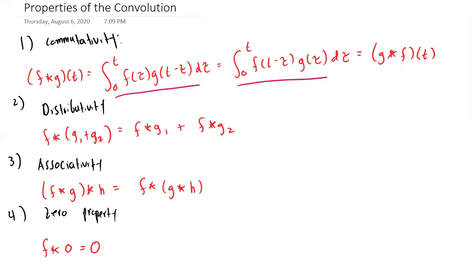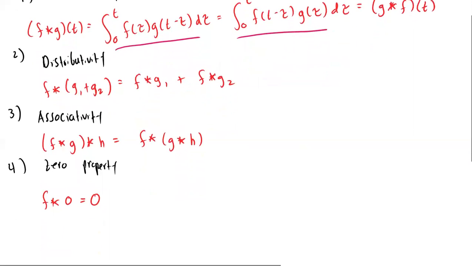It's also distributive with addition, meaning that f star (g1 plus g2) is the same as f star g1 plus f star g2. It's also associative, meaning that doing f star g first and then star h is the same as doing g star h first and then f star that afterwards.